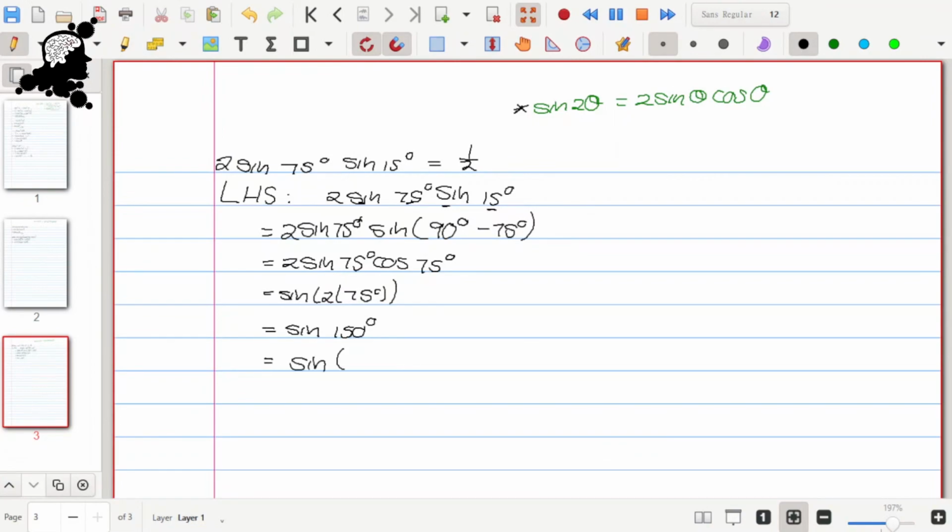This is going to be sine of 180 degrees minus 30 degrees. 180 minus is in the second quadrant, where sine is positive, so this gives me positive sine of 30 degrees. 30 is a special angle, so this gives me 1 over 2, which is exactly what we have on the right-hand side. We have proven that 2 sine 75 degrees sine 15 degrees is a half.